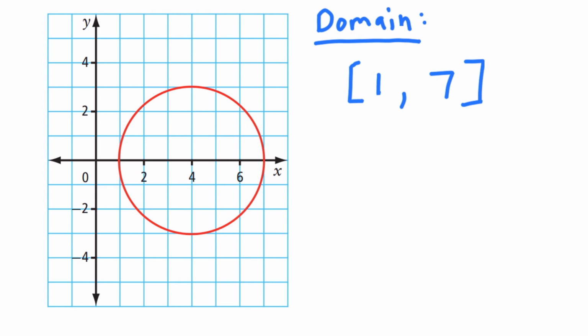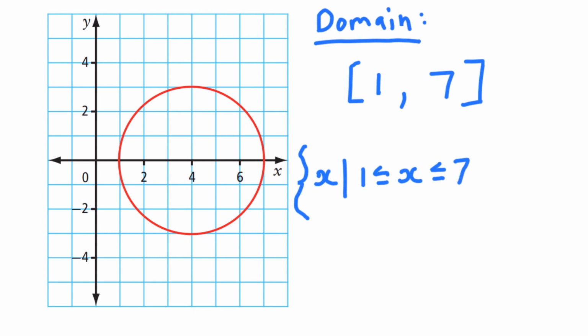We also want to show the longer set notation just so we get comfortable. We're going to start with our curly brackets. I'm dealing with the x-axis domain, so I'm writing an x. My vertical line just to break things up. Now I have to tell where x falls. X is going to fall between and including 1 and positive 7.